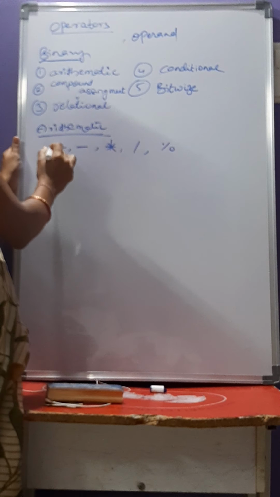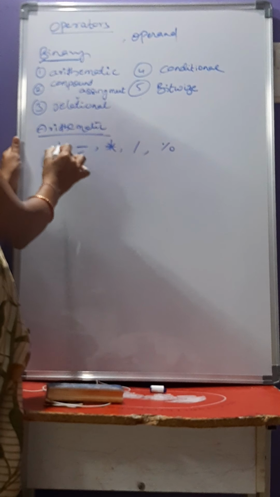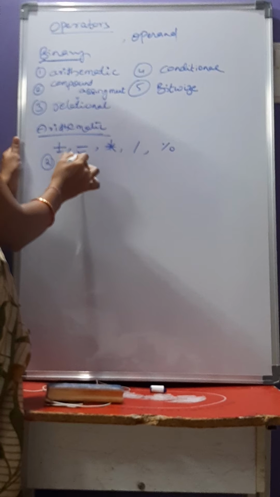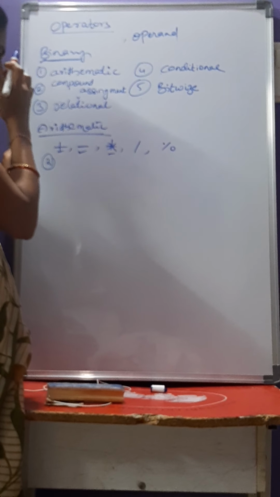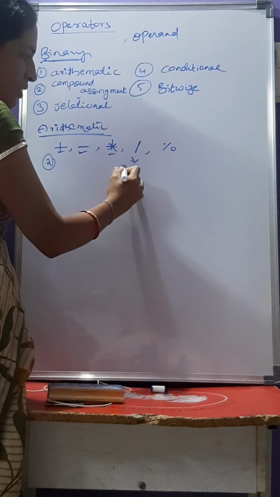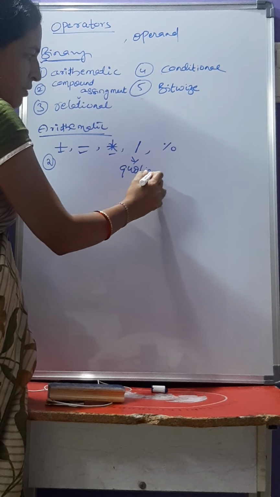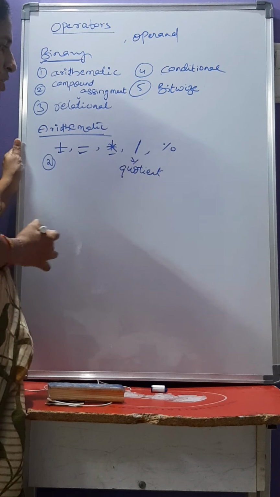To perform addition we require two operands, that's why this is called a binary operator, and the same for subtraction and multiplication. For division, it gives a quotient, that means whenever we divide two numbers we use the division operator.